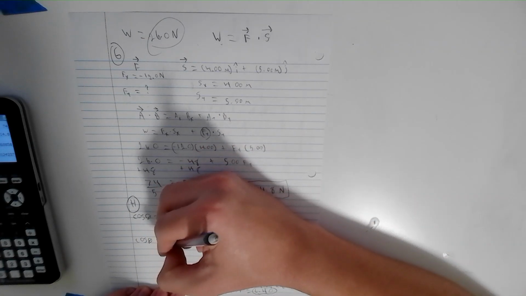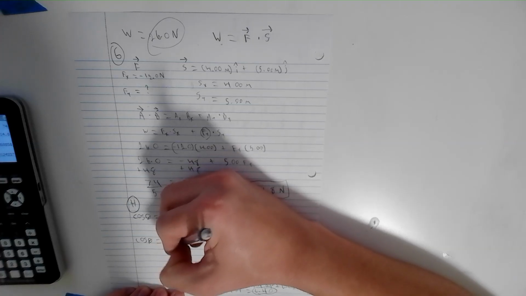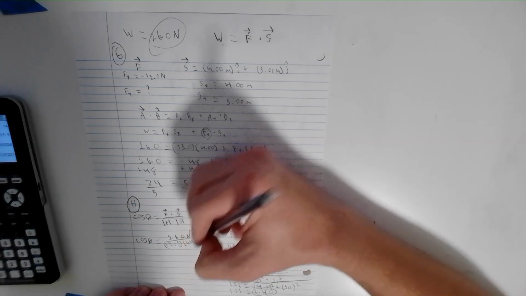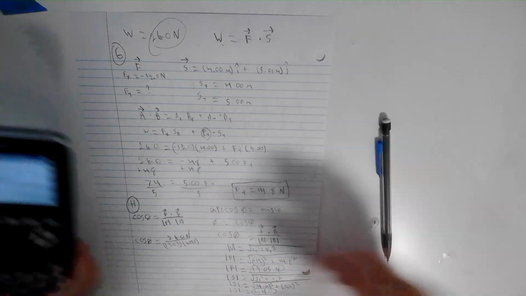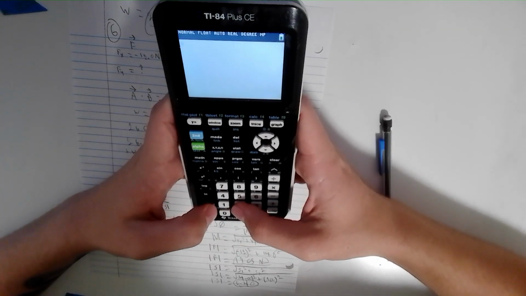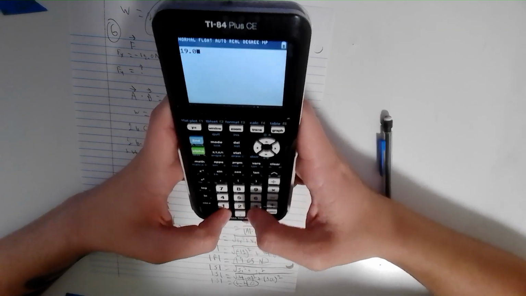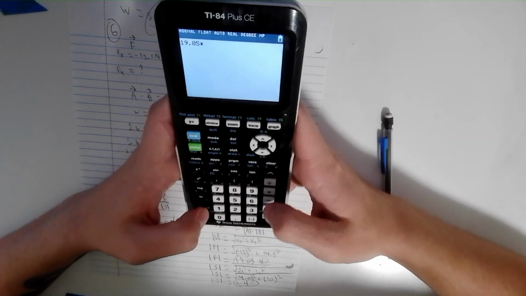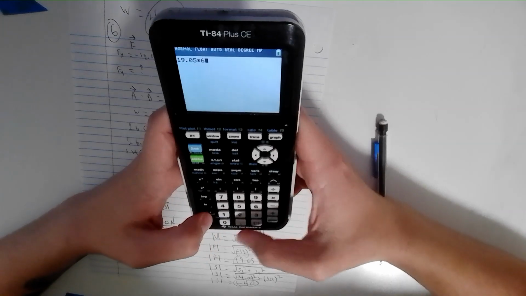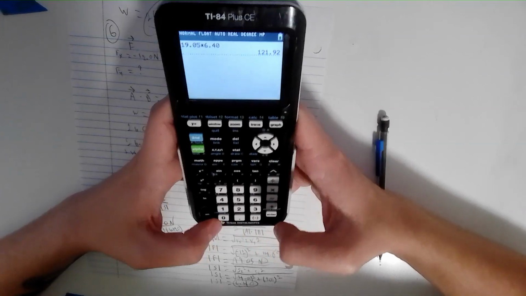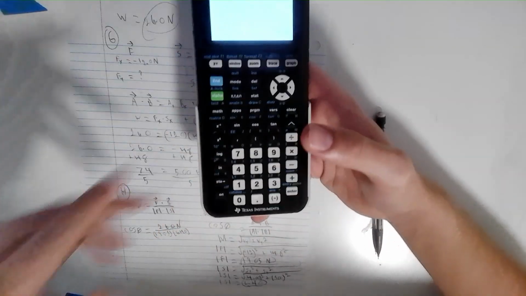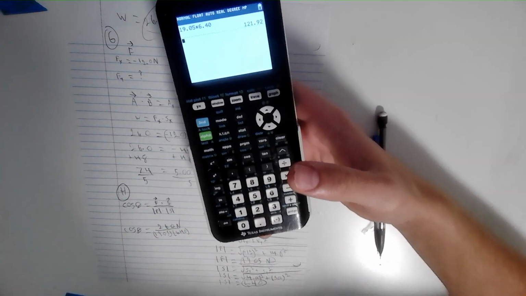It would be 19.05 times 6.40, that's a big number.